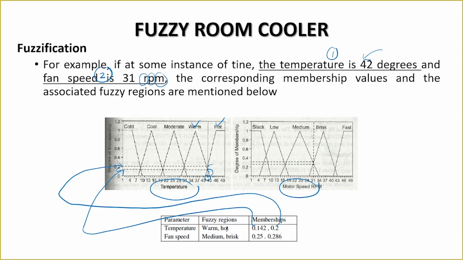Then we go to 31 rotations per minute. This is the second input we have in order to control the fuzzy system. We have two things: medium, over here, and brisk over there. 0.25 happens here, and this one happens to be here, 0.28, right?